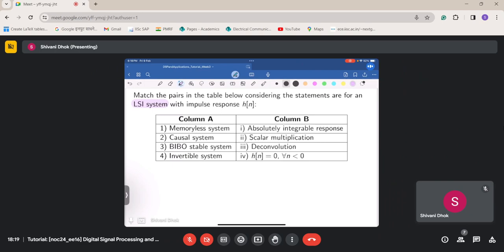As I mentioned earlier, for this memoryless system, the output y[n] should only be a function of x[n].